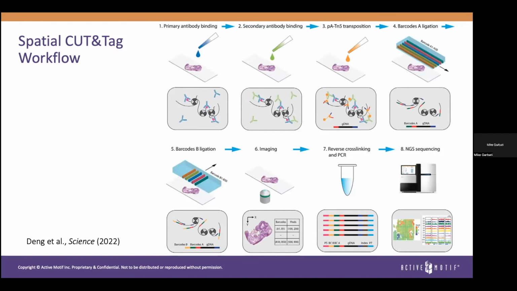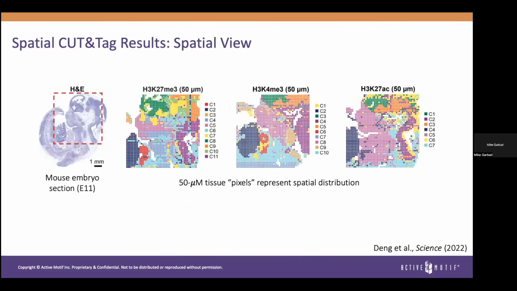Now let's look at some of the results from spatial cut and tag. Shown on the left panel is an H&E stain section of embryonic day 11 mouse embryo. These authors performed spatial cut and tag using H3K27 trimethyl, H3K4 trimethyl, and H3K27 acetyl.